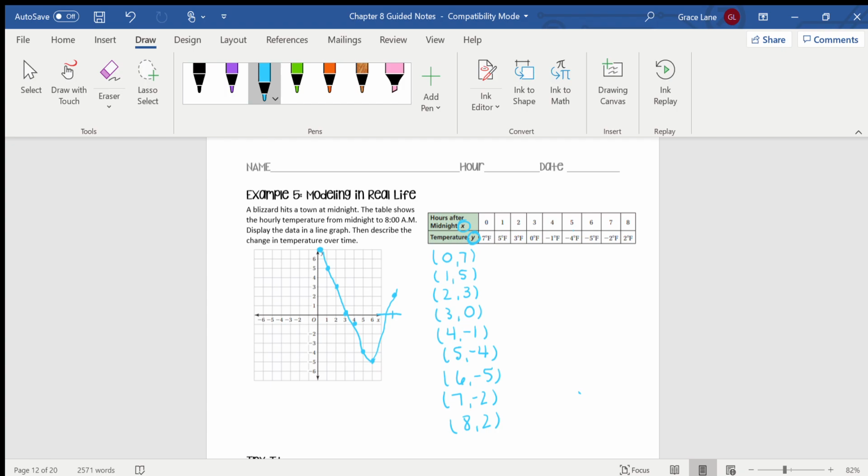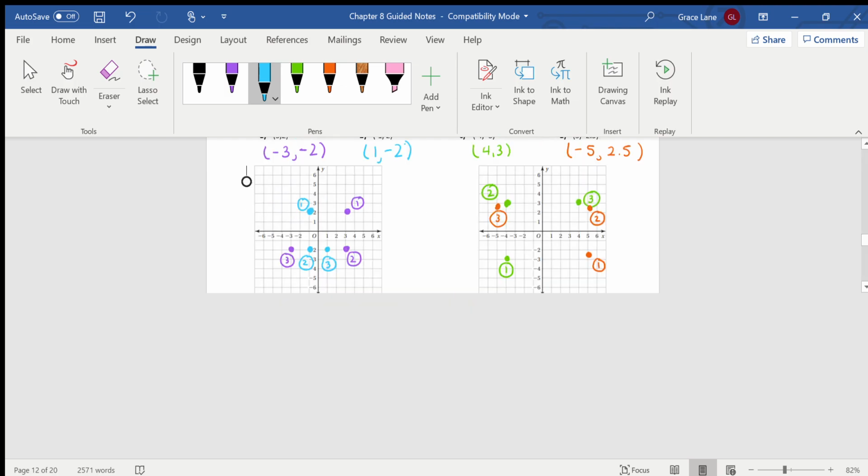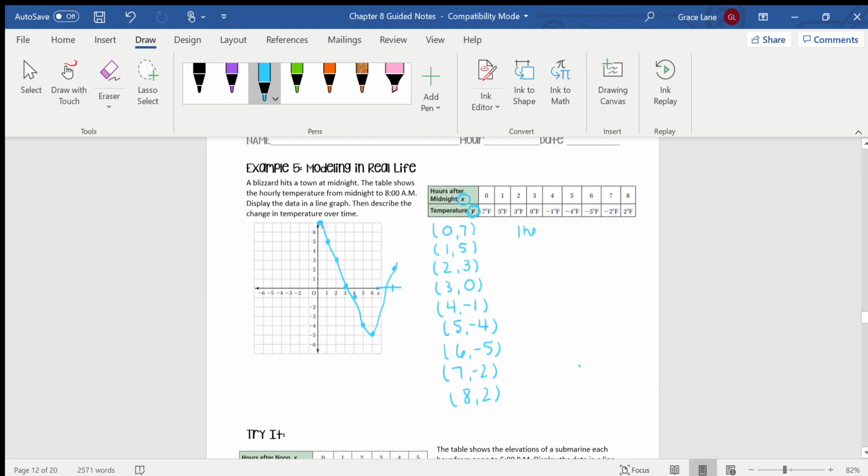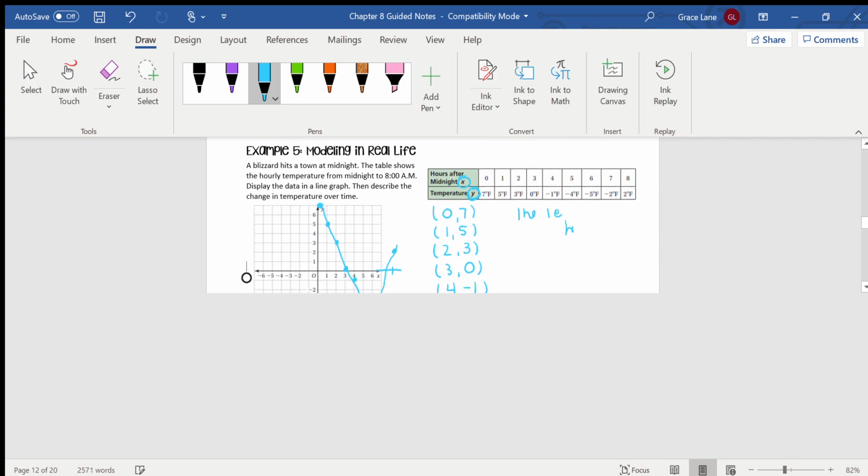And so when I ask you to describe the temperature over time, you guys are going to have to put into words what you see happening on the graph. So I would say that maybe the temperatures, what is going on?